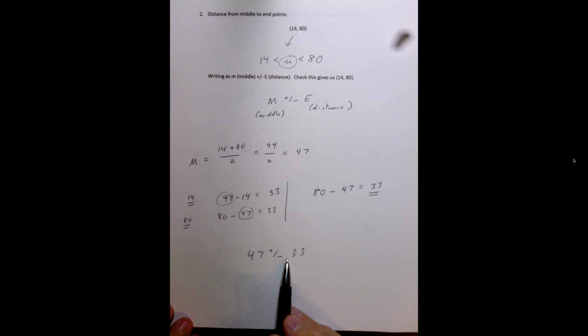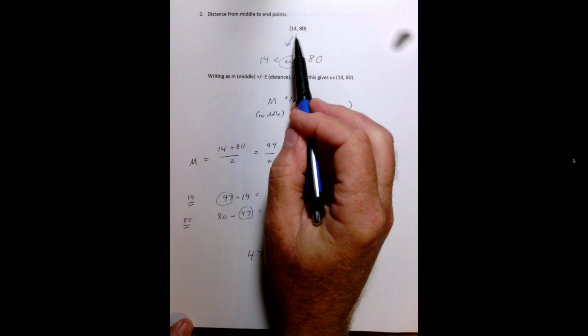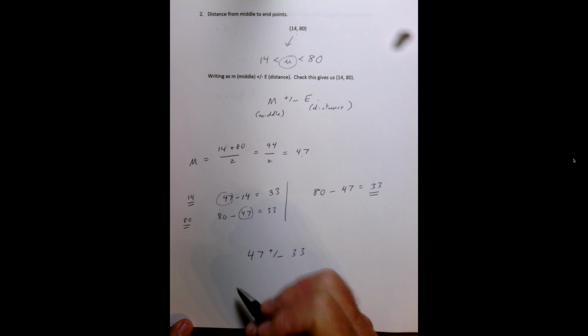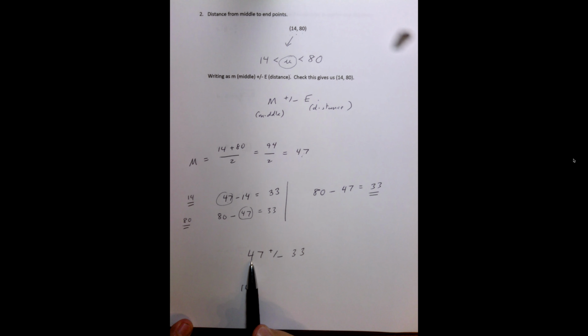Now, is that equivalent to the 14, 80? Well, what's 47 minus 33? 47 minus 33 is 14. What's 47 plus 33? Well, that's 80, right? Put in the appropriate marks, and we get the interval that we started with.